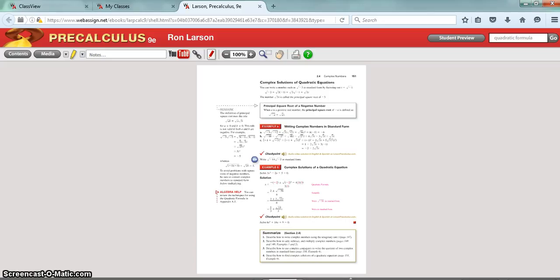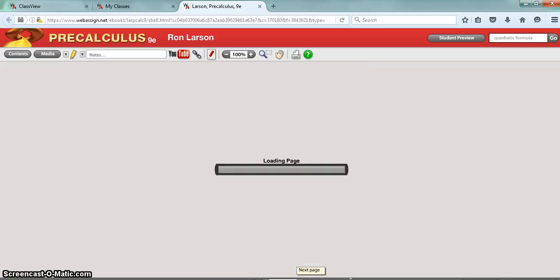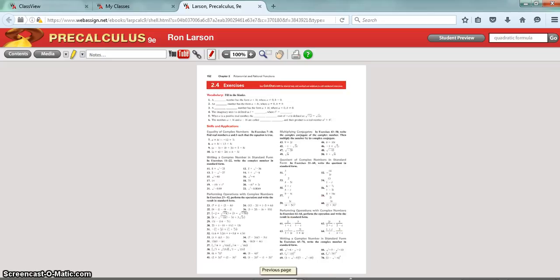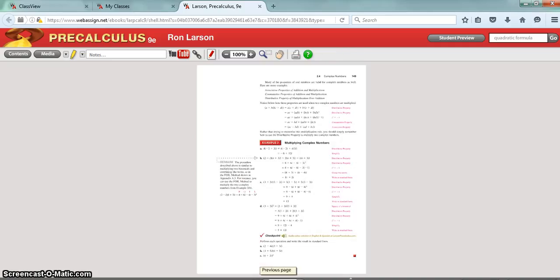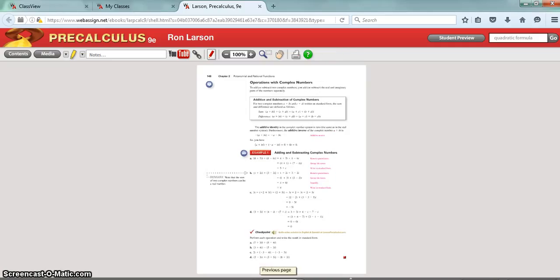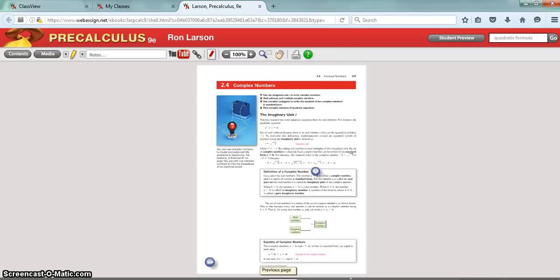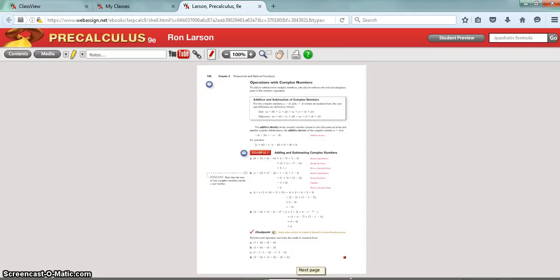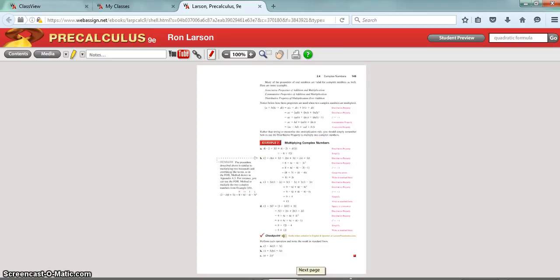They come back around. Let's see if I can find that in the text, and we can look at that. Because again, once we get to i to the fourth, it would be positive 1.